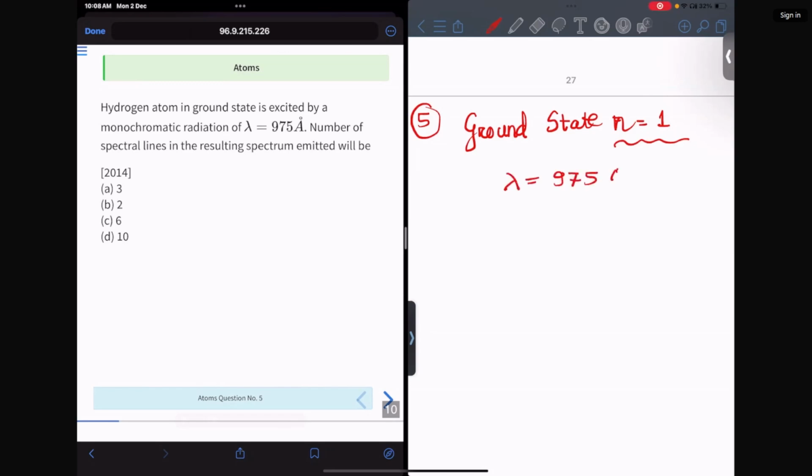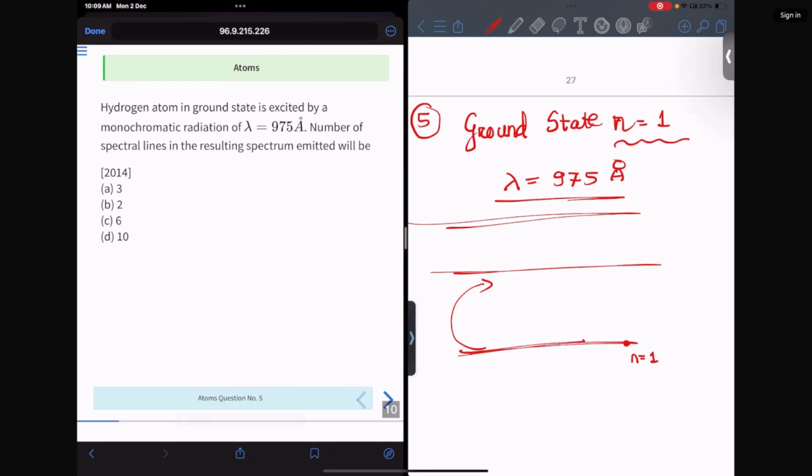So the electron, first in the ground state, will move to one of the other states when you give a radiation of lambda equal to 975 angstrom.